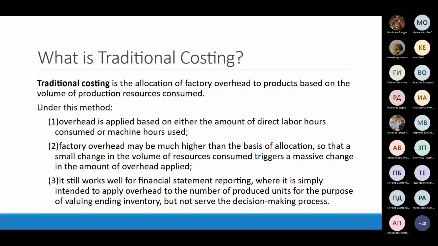weak feature of the traditional costing system, because it works well when our periods are similar, when we produce an equal or almost equal number of products each time, when we produce those products using almost the same materials, if we use the same normative of materials consumption each time.